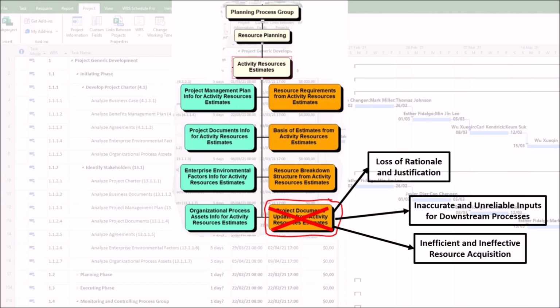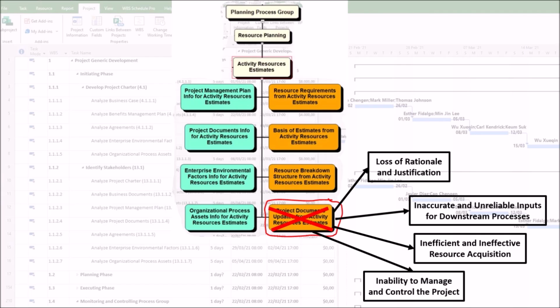As a consequence, this leads to delays in hiring or assigning staff. Even worse, it can result in acquiring the wrong resources, like assigning a junior developer to a task that was estimated assuming a senior developer, which directly impacts quality and schedule.